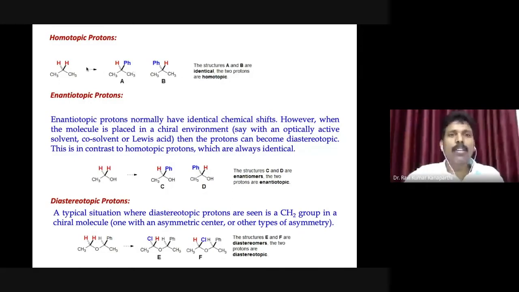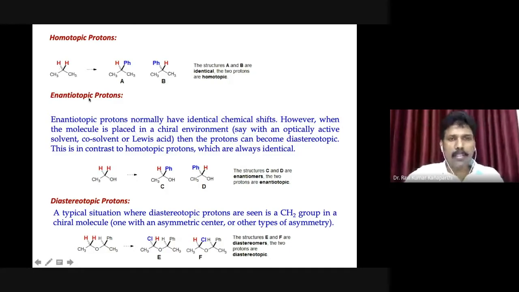One of the protons I replace with a phenyl group, and the other possible structure has the phenyl group on the rear side. Whether the phenyl group is on the front side or rear side, it doesn't matter. Both structures A and B shown in this diagram are identical. Therefore, these two protons in propane are said to be homotopic.